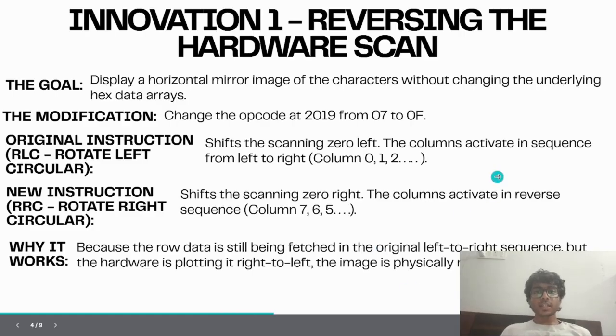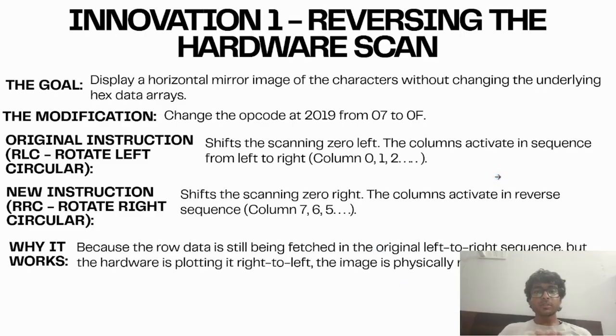The first innovation that I did for the LED matrix was reversing the hardware scan. Originally, the data fetched from the microprocessor went in the original left to right sequence only, so A, B, and C were shown in the normal way.